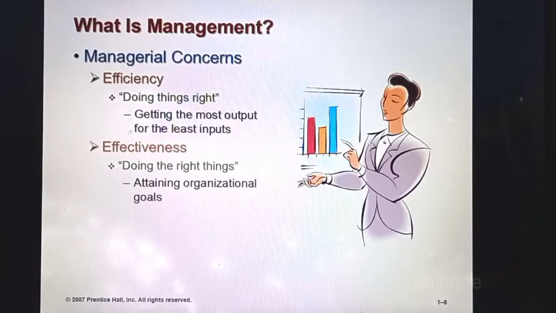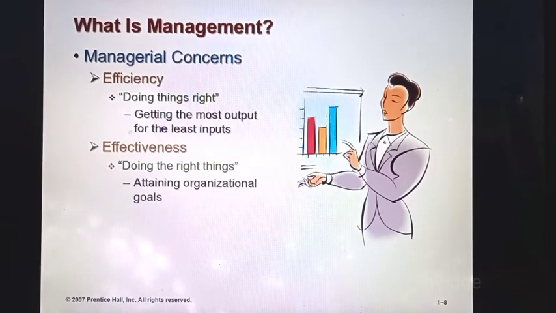Management is concerned with doing things efficiently and effectively. So remember that always. Efficiency is doing things right, and effectiveness is doing the right things.